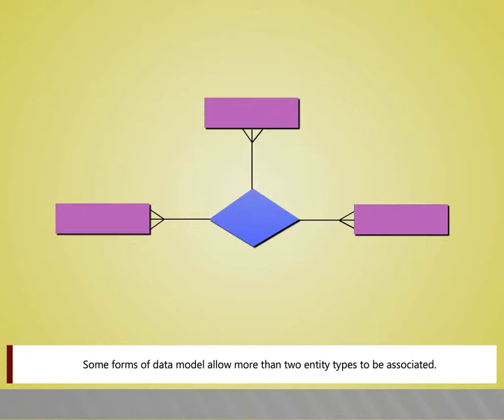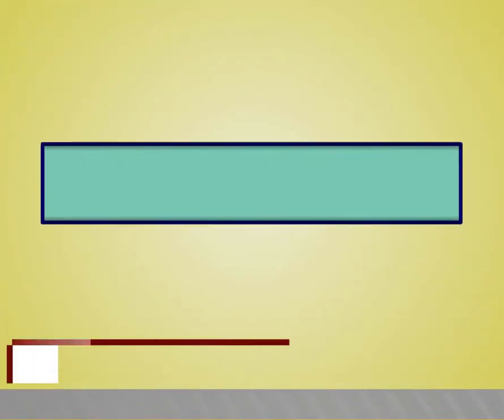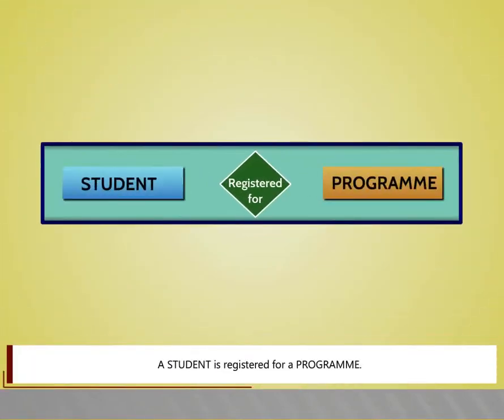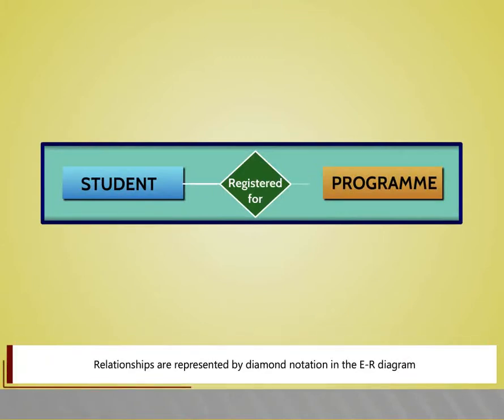Some forms of data model allow more than two entity types to be associated. A student is registered for a program. Relationships are represented by diamond notation in the ER diagram.